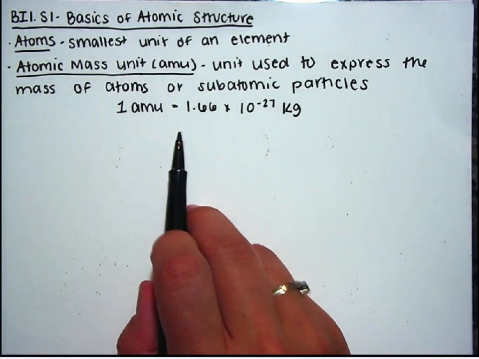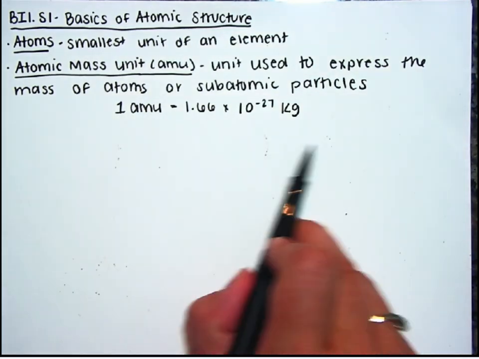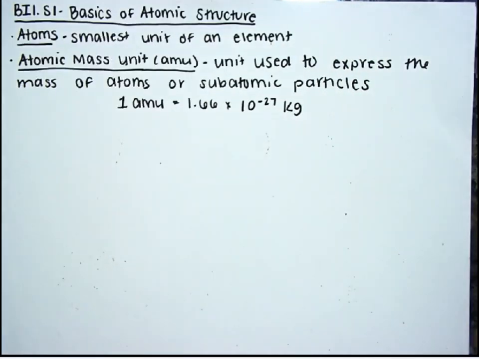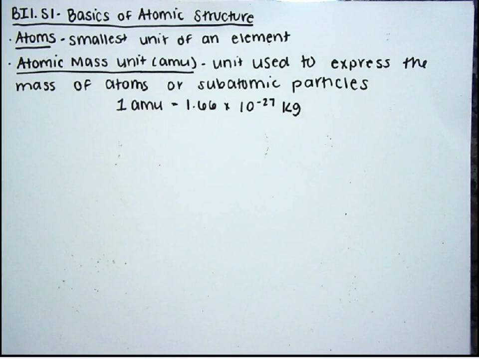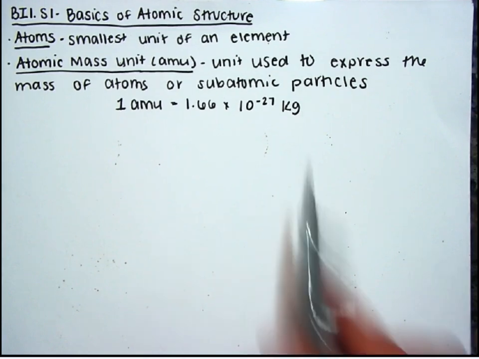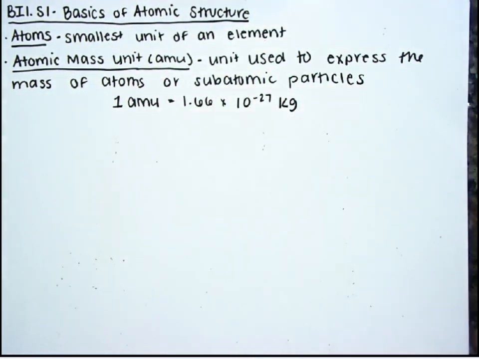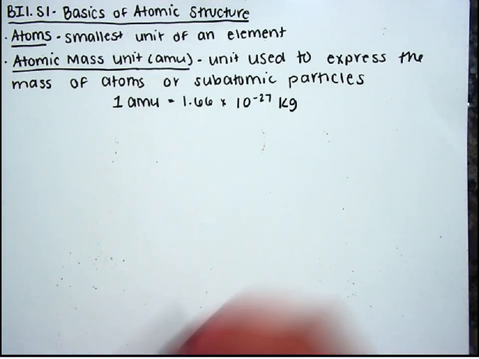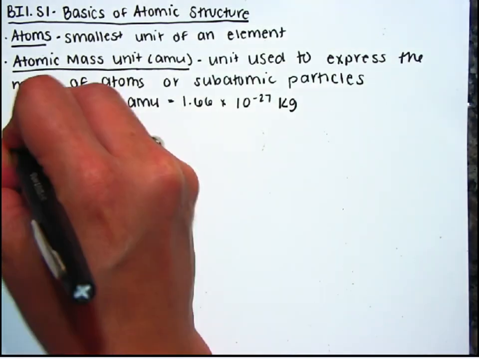So that's decimal point 26 zeros. That's very, very small. So since atoms are so small, it doesn't make sense to use something like a gram or a kilogram or a pound to represent its mass. So instead we use something called the atomic mass unit.